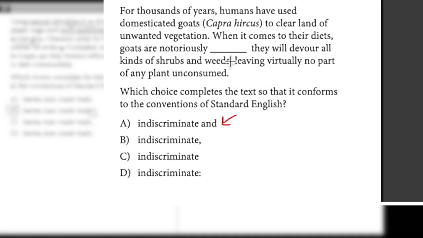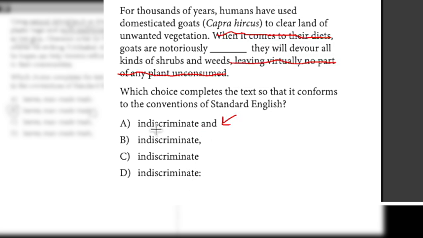So all this is being added on to the end of the sentence, but we could think of this as a full sentence, right? Goats, we'll get rid of the introductory phrase too. Goats are notoriously indiscriminate and they will devour all kinds of shrubs and weeds. We have 2 full sentences and we have a coordinating conjunction here, and we need a comma before that and.